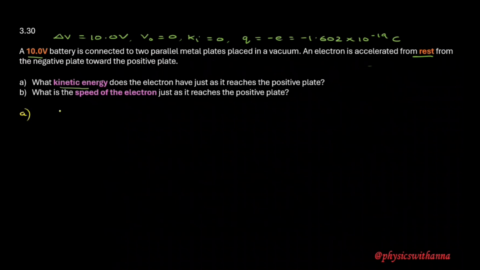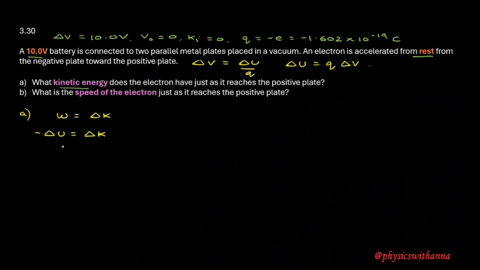Now we know from the work kinetic energy theorem, work done is equal to the change in kinetic energy. And this work done can also be written as negative of the change in potential energy. And we know that change in potential delta V is related to potential energy as delta U over Q. So I can write delta U to be equal to Q delta V.